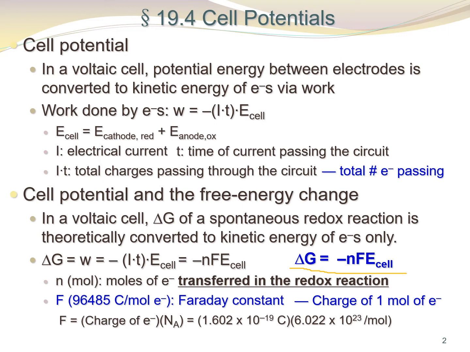If you have a calculator, you can calculate the value of the Faraday constant by using the equation I provided to you. 1.602 times 10 to the negative 19th coulomb is the charge one electron carries, multiplied by the Avogadro number, because that is the number for one mole of anything. Multiply them all together, you should be able to get 96,485 coulombs per mole of electrons.